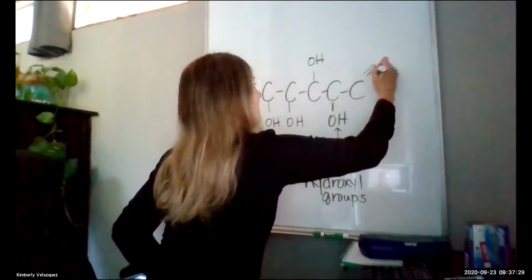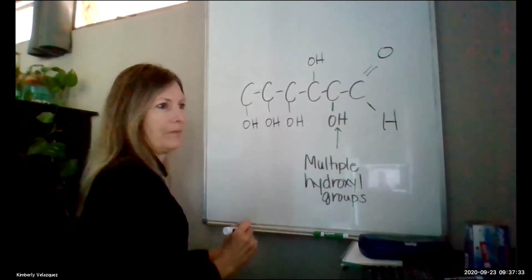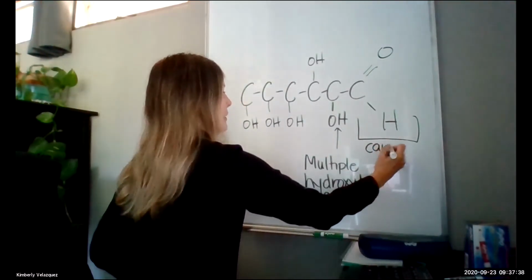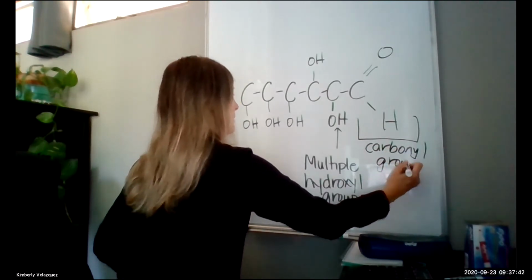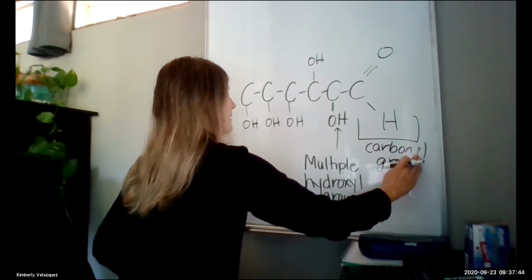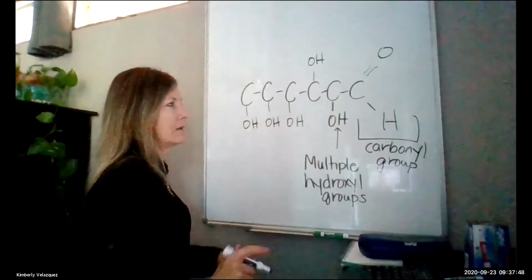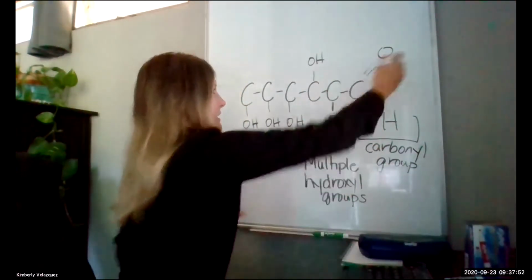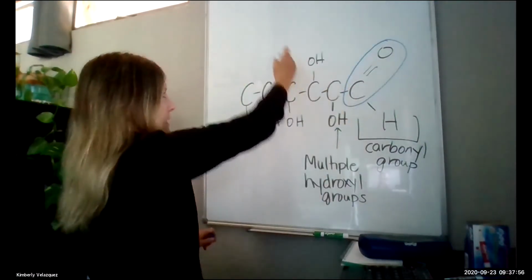And then, as you guessed a minute ago, here's our carbonyl group. So the carbonyl group is going to be the other clue that this is a sugar. Really the carbonyl group isn't the hydrogen, it's this whole thing together, but it's primarily this, because that could be in the middle of the molecule.